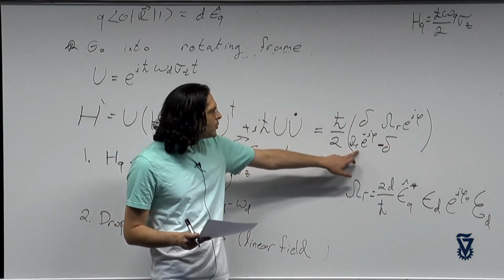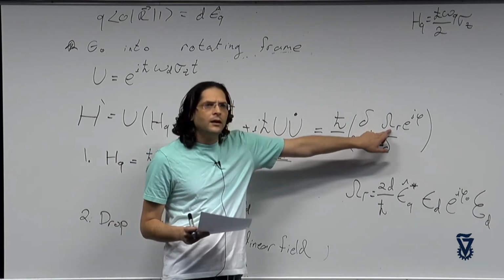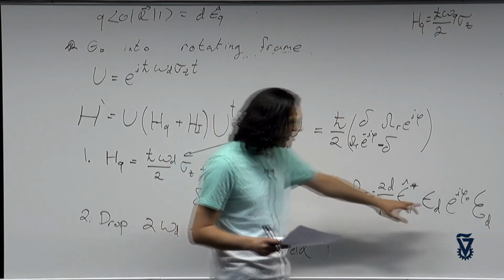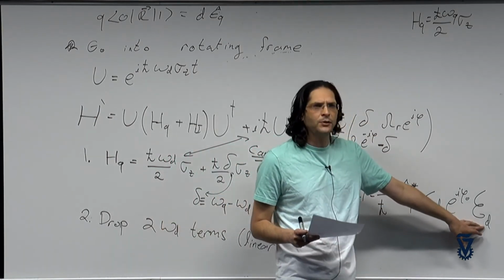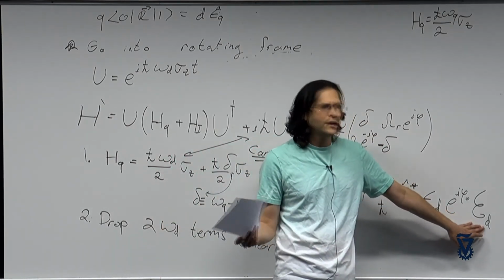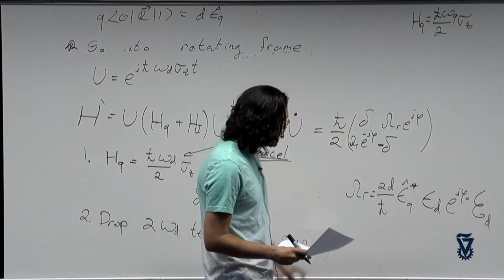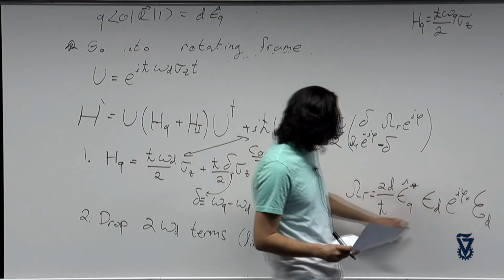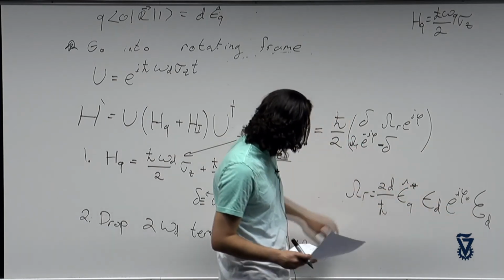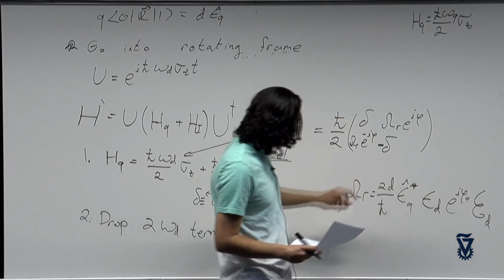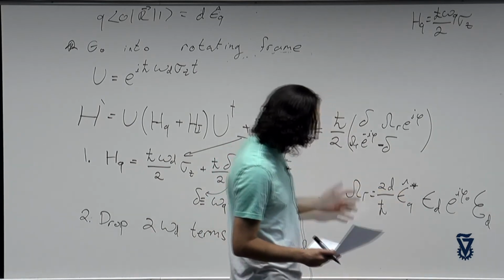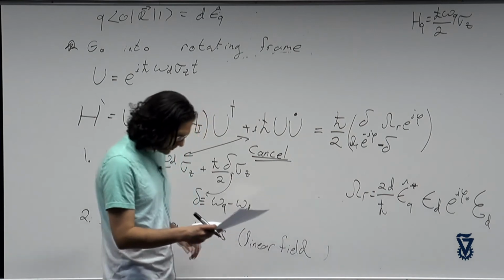And when we apply a field, we get a rotation at a Rabi frequency, omega r, and this Rabi frequency is also proportional to the amplitude of the field, just like it was in the magnetic moment case. You can take phi naught to be 0 and get a real Rabi frequency. That makes this simpler. It's proportional also to the magnetic moment and to the direction in space of the field.